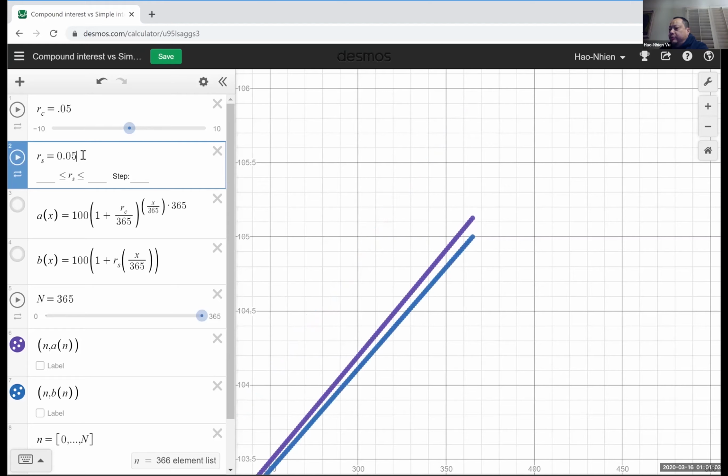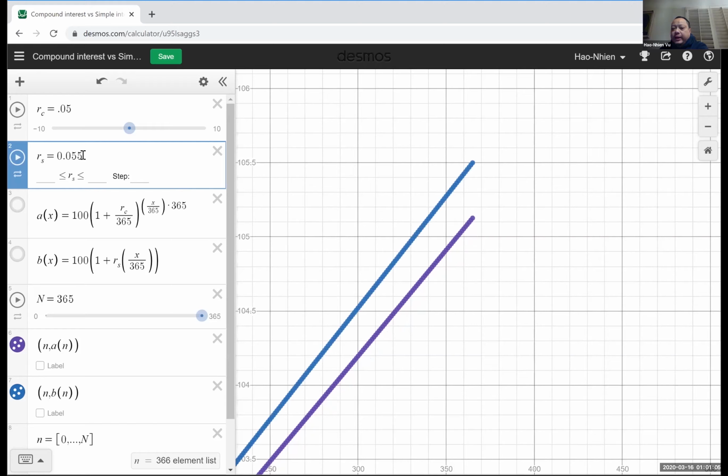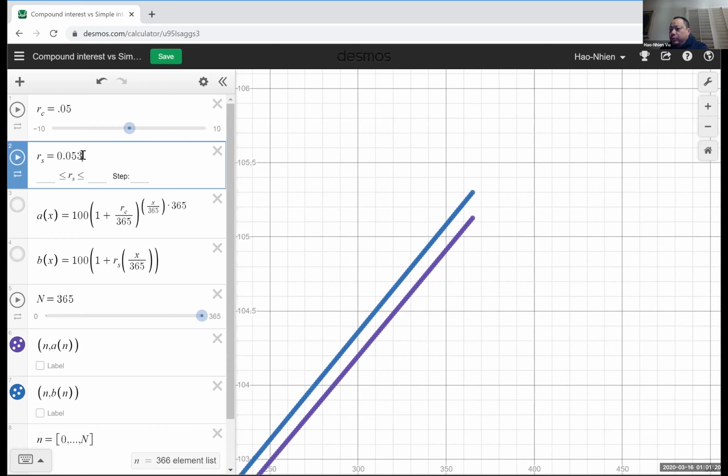How about 0.055, like 5.5%? Still too high. I'm changing the blue line to make it the same as the purple line. So down to 5.4, 5.3, 5.2, 5.1. Yeah, 5.1 seems to do it, except that it's a little bit low.